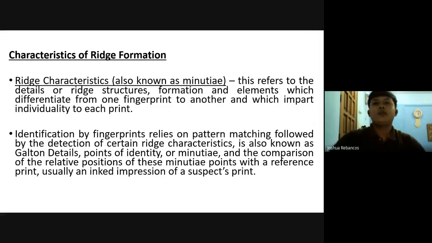So, yung meron silang ginagamit na point with a reference wherein from delta to core, kailangan kung ano yung mga ridges na nabilang doon at kung ano yung itsura ng ridge, kailangan yun din ang mahanap doon sa suspect. Kasi yun ang tinatawag natin comparison.